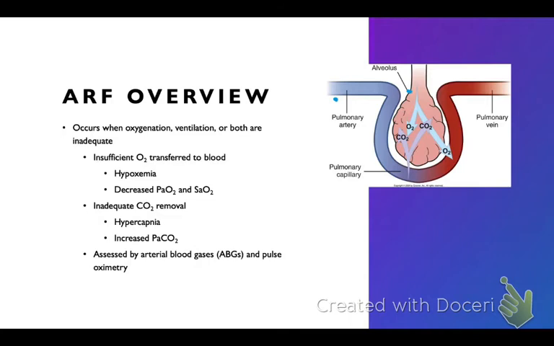This on the right is just your picture of your blood gas exchange. You've got your deoxygenated blood that comes from the pulmonary artery, and then goes into the pulmonary vasculature, the capillaries, and you've got an exchange of carbon dioxide and oxygen in your alveoli. Alveolus is one, alveoli is many, and we have many alveoli in our lungs.